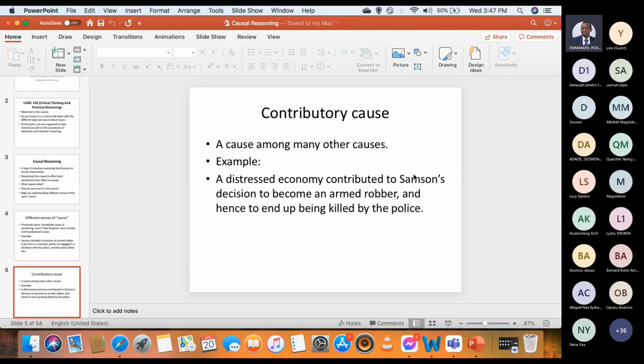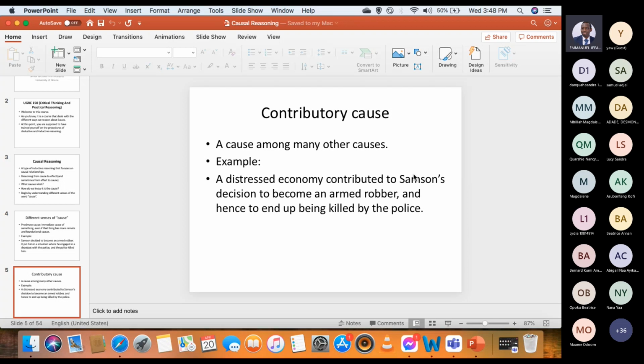So apart from the shootout with the police which killed Samson, there are other causes of Samson's death. First of all, why did Samson become an armed robber? To make it possible for him to be shooting with the police. So a distressed economy which frustrated Samson's efforts to get a job contributed to his death. It's one of the causes of Samson's death.